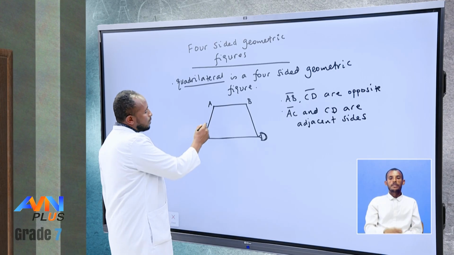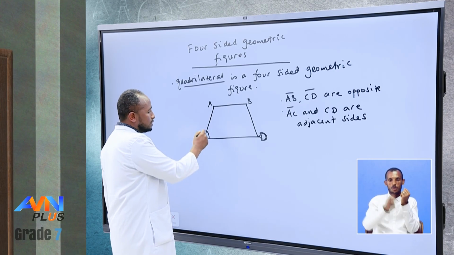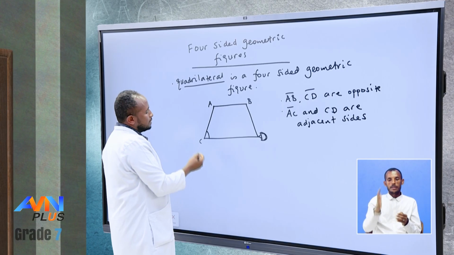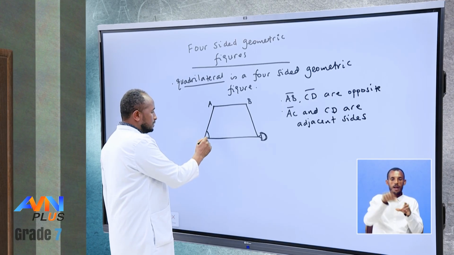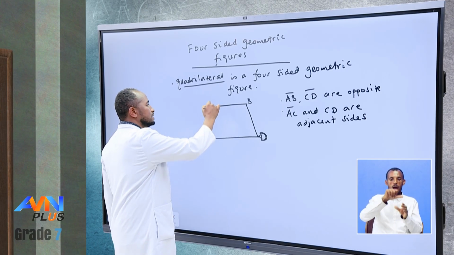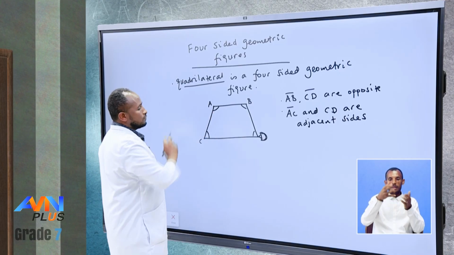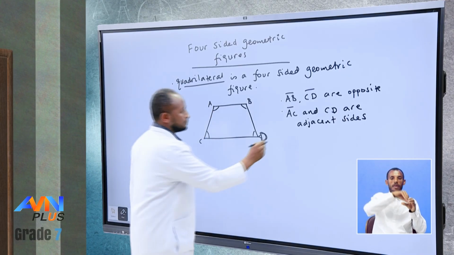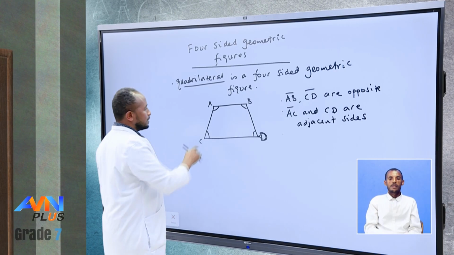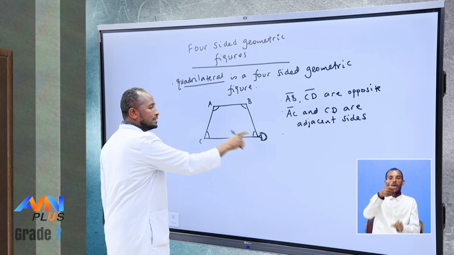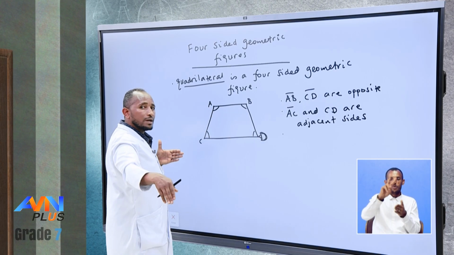The angles formed by two adjacent sides, we call interior angles, as you can see. Thus, four angles, this one, the angle formed by side CA and AB, another angle here. So a quadrilateral has four interior angles.